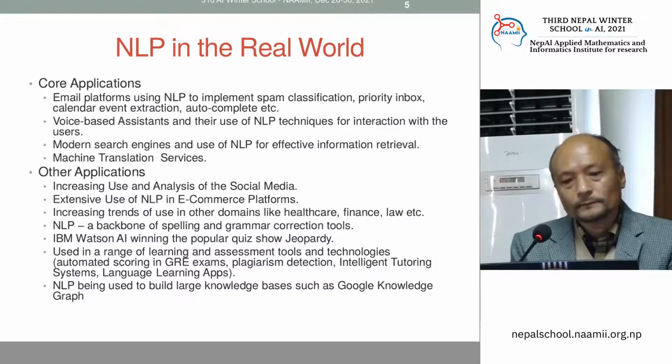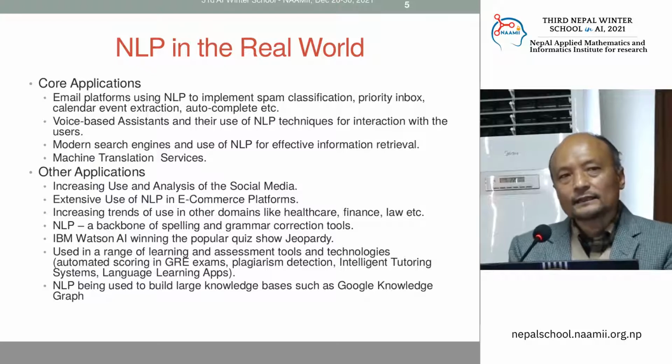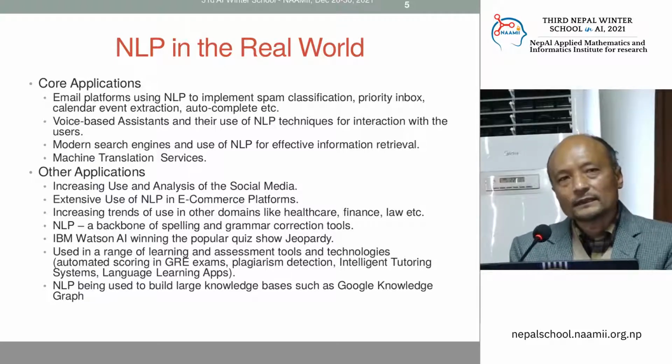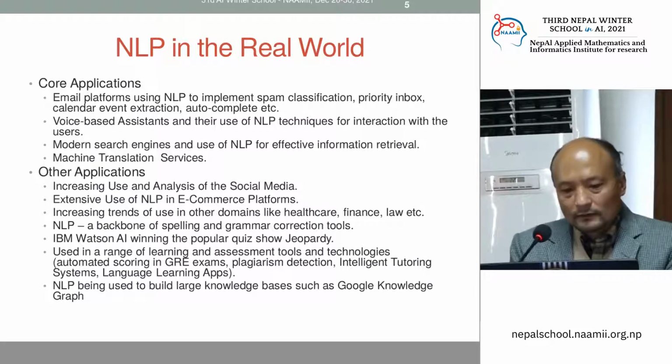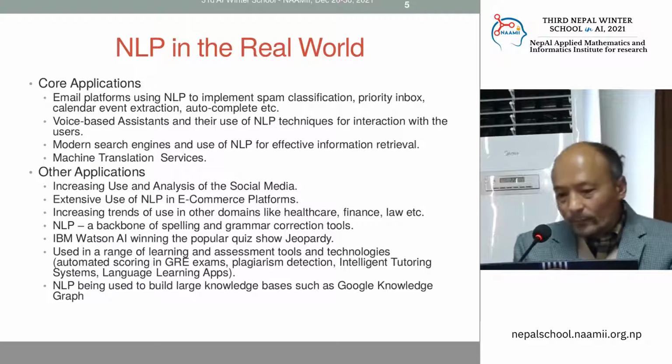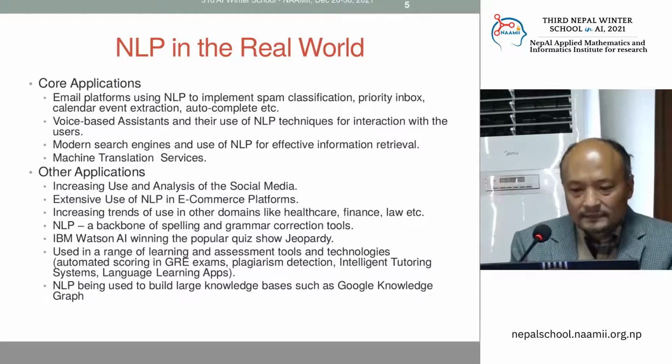There is analysis of the buyers' trends and then certain recommendations are provided to the buyers, based on his or her purchase histories and all. There is an increasing trend of use of NLP in other domains like healthcare, finance, law, etc.